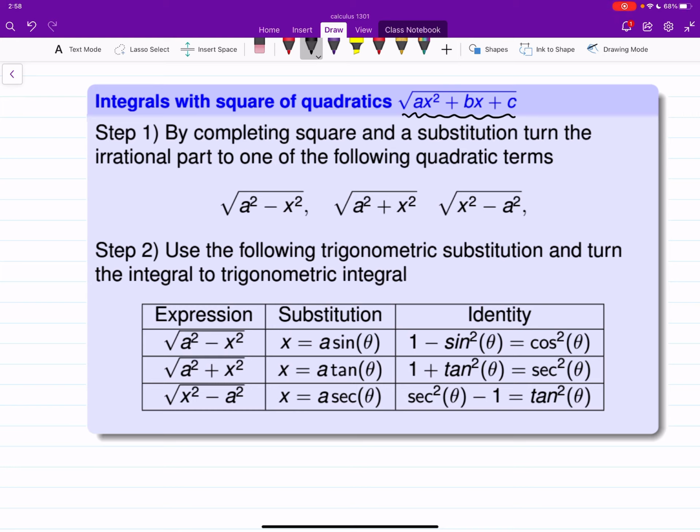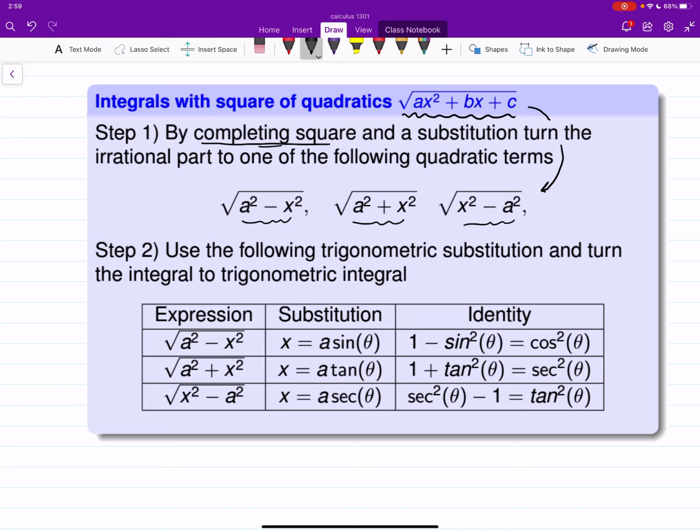Remember completing the square? If you don't remember, you have to go back and figure out what that means. By completing the square and some small substitution, you can turn those integrals into either this or this or that. So three base forms.